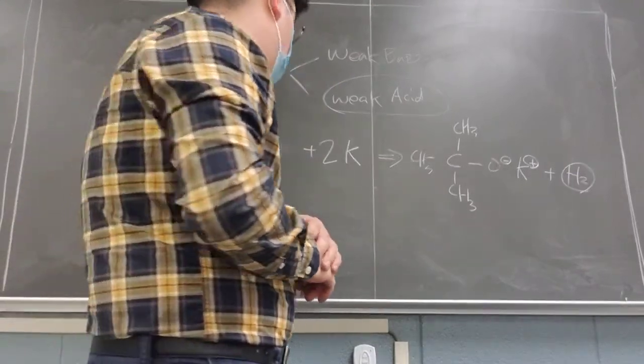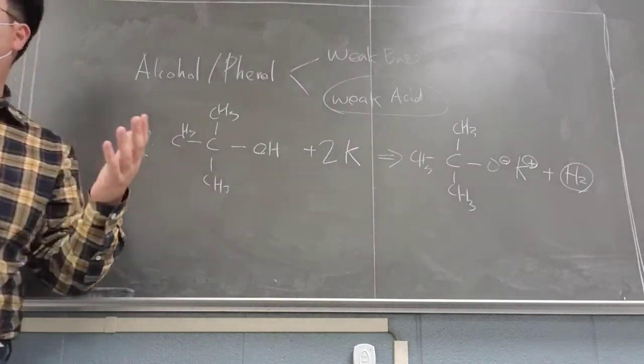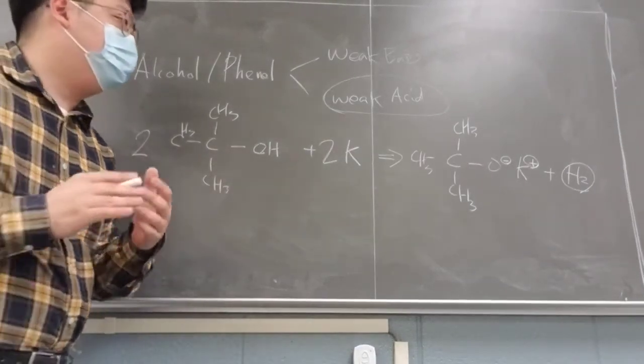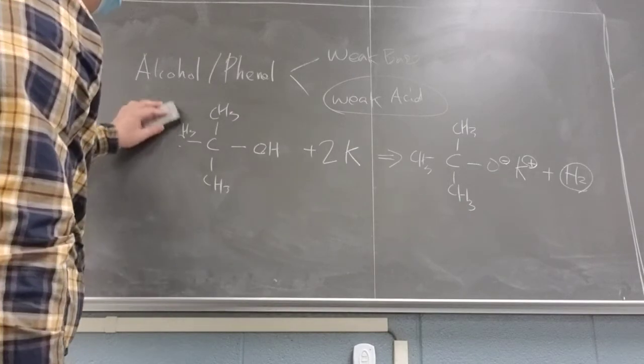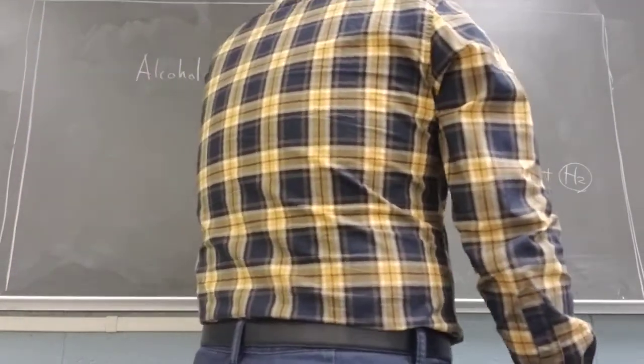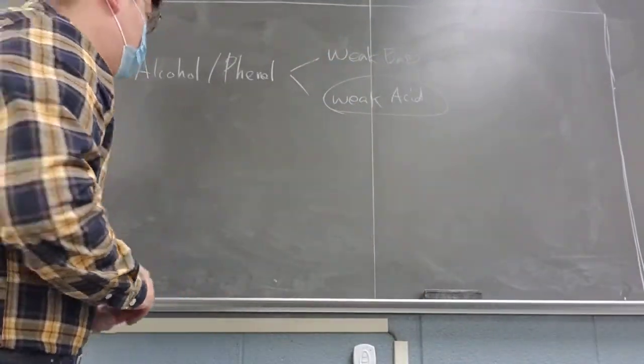So this is one example of how alcohol can interact with the alkali metal. We can form some alkoxide with the other products. Alcohols also interact directly with a strong base.